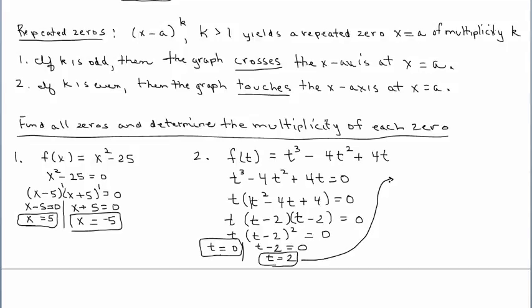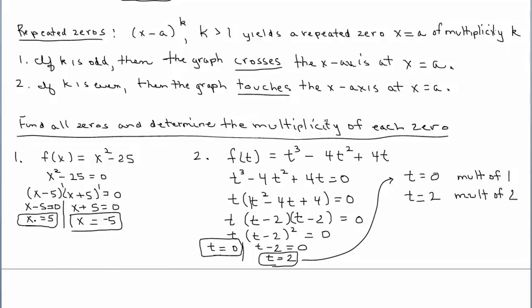So I'm going to come over here. t equals 0 has a multiplicity of 1, we'll abbreviate. t equals 2 has a multiplicity of 2 because that factor occurred twice.